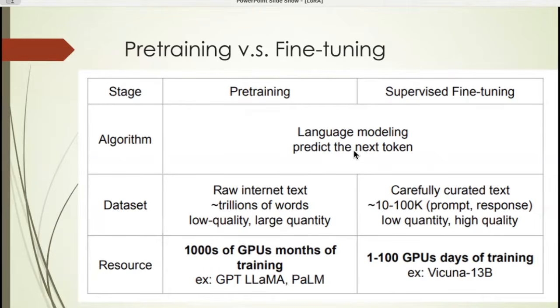So basically, the loss is always how we can best predict the next token. The data for the pre-training usually is the raw data. It can be very, very large, containing trillions of words, but it may be lower quality, but it comes in large quantity.